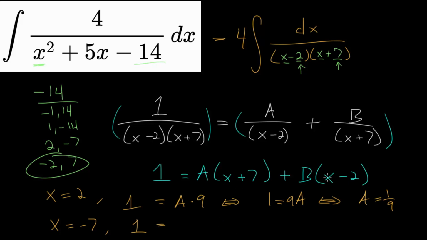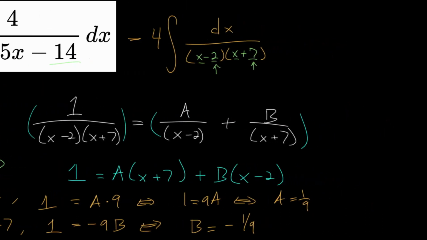But over here we have -7 minus 2, which is -9, so that we get minus 9b, and solving for b, we would just get minus 1/9. So we've simplified everything so that we can find our constants here, a and b, which will help us decompose this fraction into a sum of two fractions.